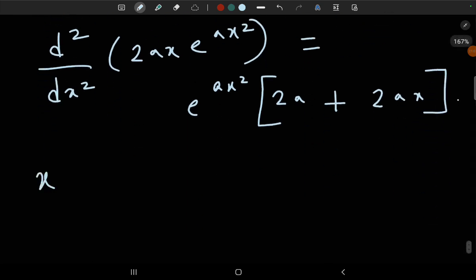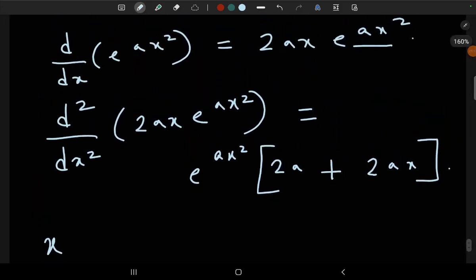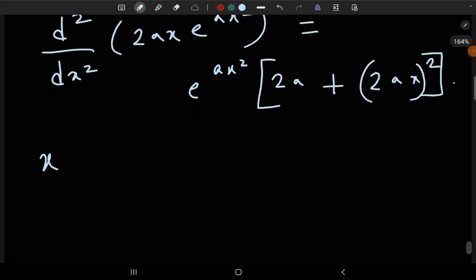And this is the answer. So yeah, this is another 2x, this is 2x², and verify e to the power ax² is equal to x e to the power ax².